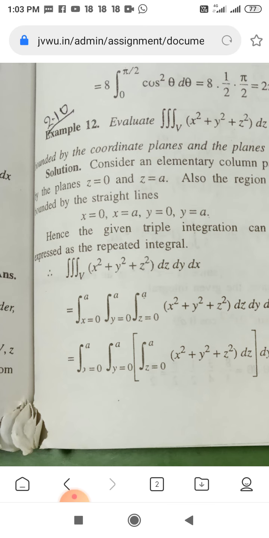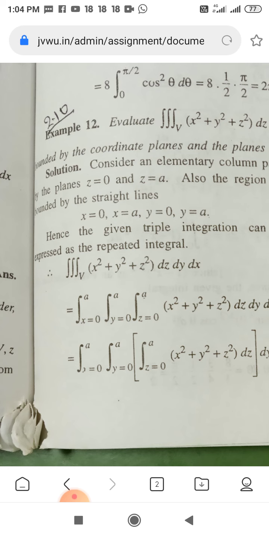Hence the given triple integration can be expressed as a repeated integration, triple integration over volume V of (x square plus y square plus z square) dz dy dx. So the limits are: x from 0 to a, y from 0 to a, and z again from 0 to a.